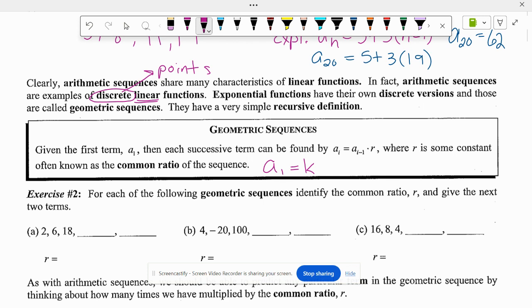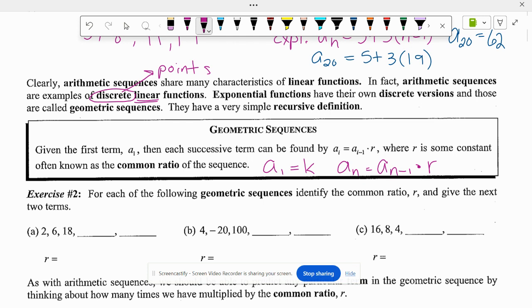So I just use K. And then to find the recursive formula, we say A of n equals A of n minus 1 times R.